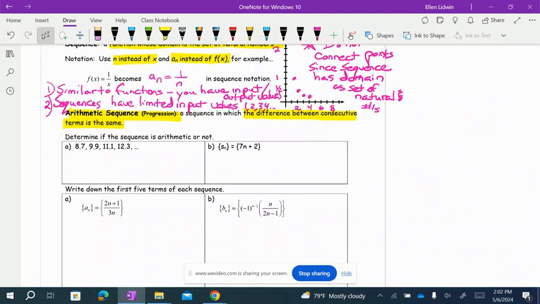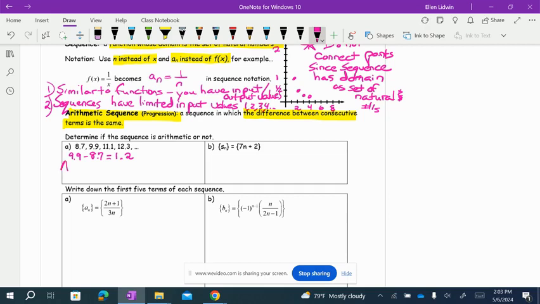So in this first example, it says determine if the sequence is arithmetic or not. So we have 8.7 and 9.9. If I take 9.9 minus 8.7, I get a difference of 1.2. And if I look at 9.9 to 11.1, I can add 1.2, so I have the same common difference as 11.1 to 12.3.